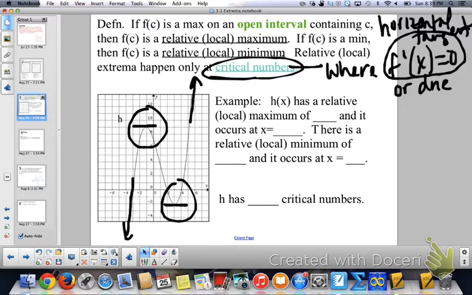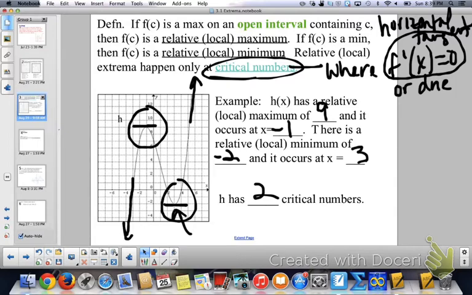So h of x has a relative max of 9, and it occurs at x equals -1, and there's a relative local min down here at -2, and it occurs at x equals 3. h has 2 critical numbers, 2 places where f prime of x equals 0.